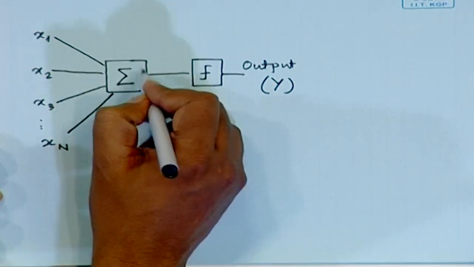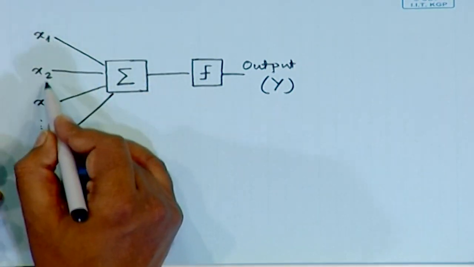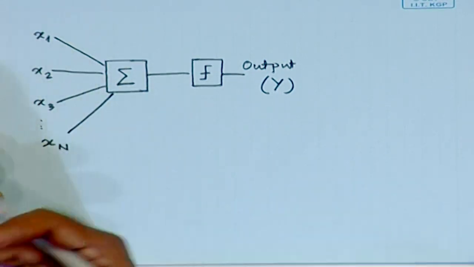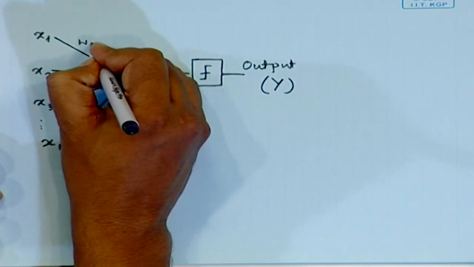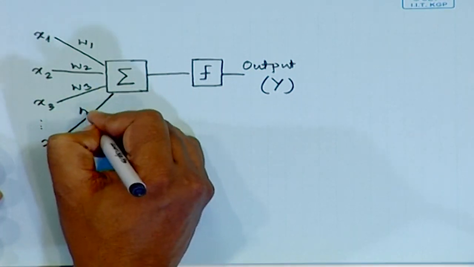Because this cell body computes the weighted summation of the feature components, I have to have the corresponding weights, say W1, W2, W3 and W4.